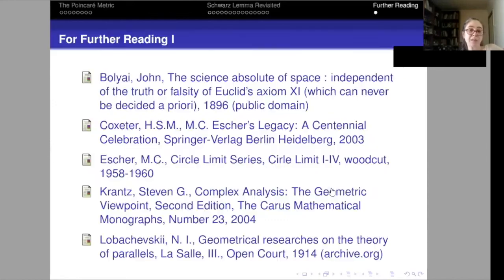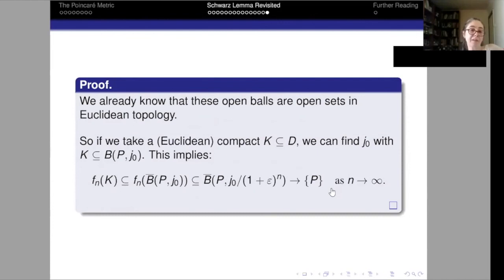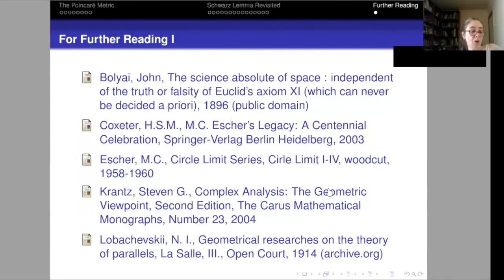So this is all for today. I have some further reading references. There's a section I omitted that talks more about the historic aspects of hyperbolic geometry. This Poincare metric is historically called hyperbolic geometry, if you know.